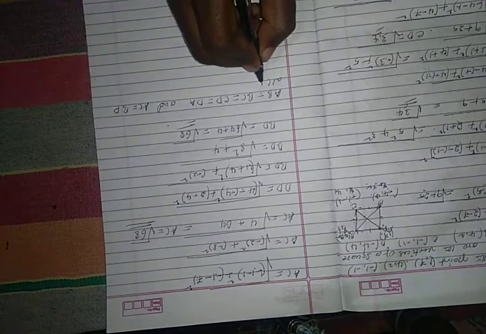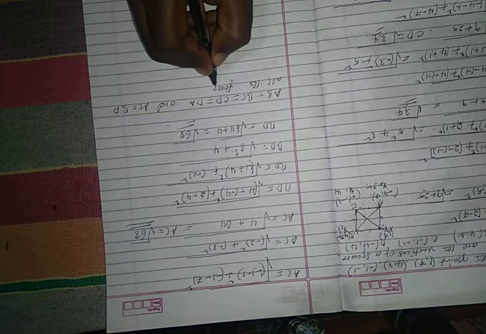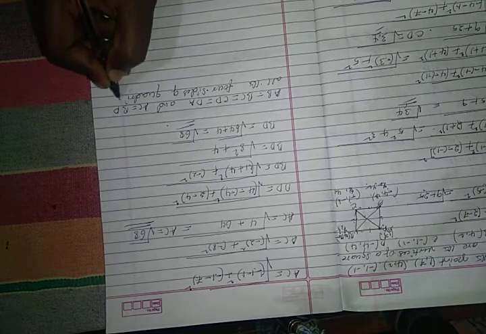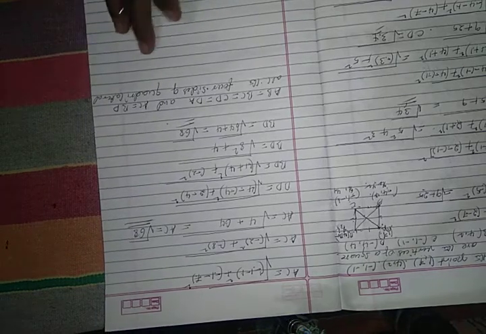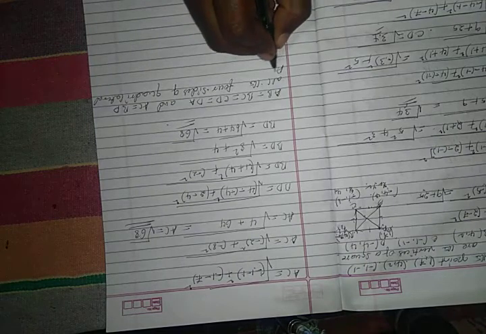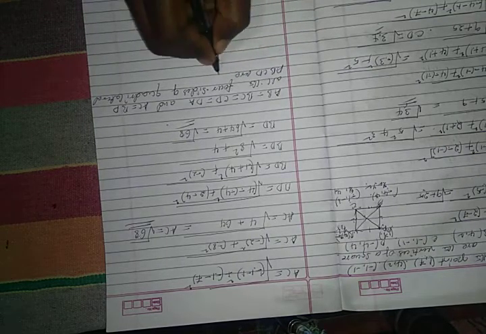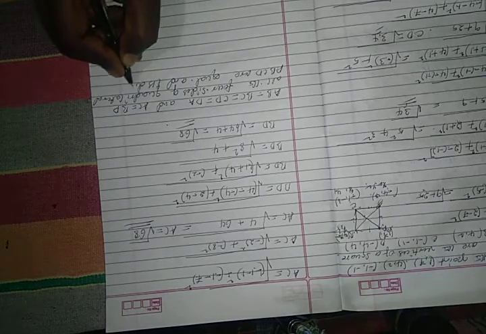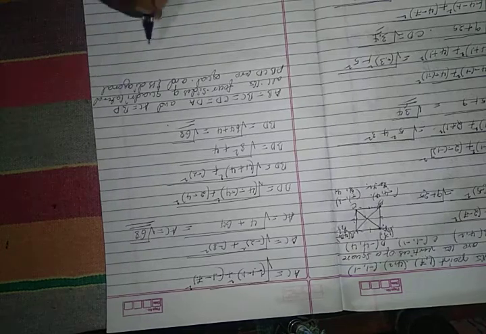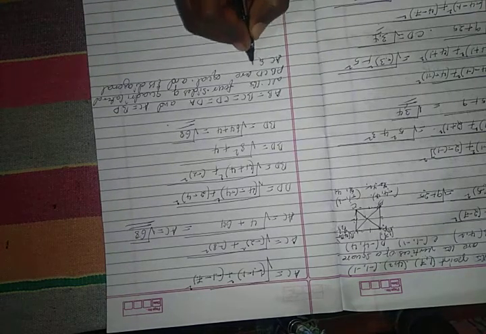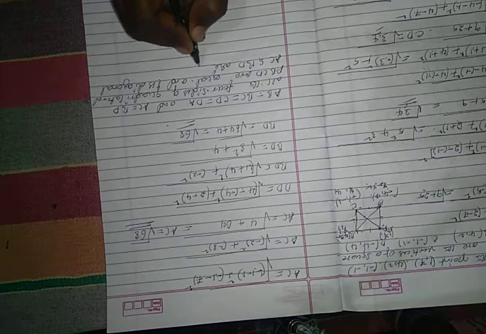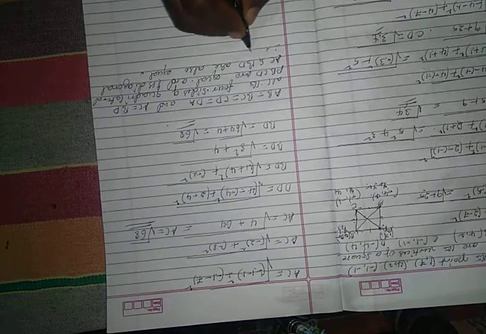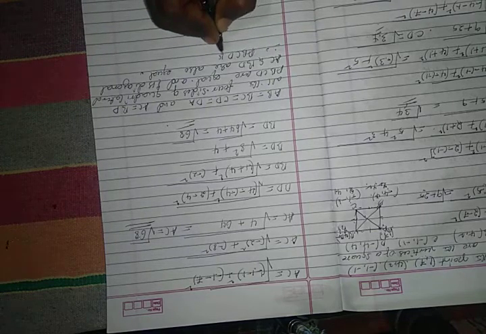So all the four sides of the quadrilateral ABCD are equal, and its diagonals AC and BD are also equal. Therefore, ABCD is a square.